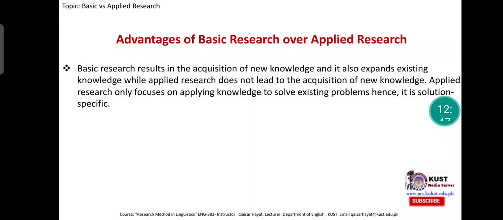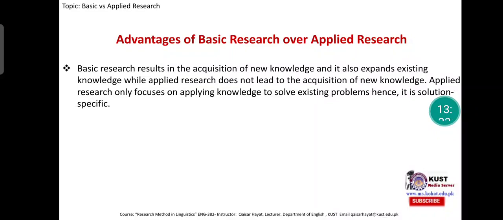Please, as a researcher, make your mind clear that each type of research has its own merits and its own area to be applied, its own topic to be applied for, and so on. Now, as far as these two types of research, basic and applied, are concerned, basic research acquires more knowledge and expands existing knowledge, but this is not the case with applied research.